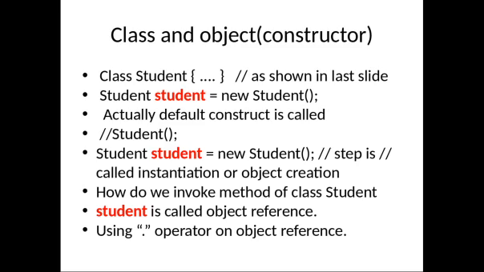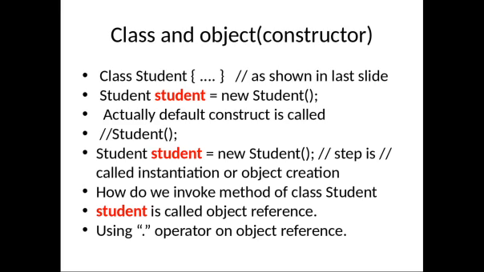So whenever you call this, the default constructor will be called, and all the initialization and memory allocation will happen during this instantiation. This is called object instantiation or object creation using the new keyword.